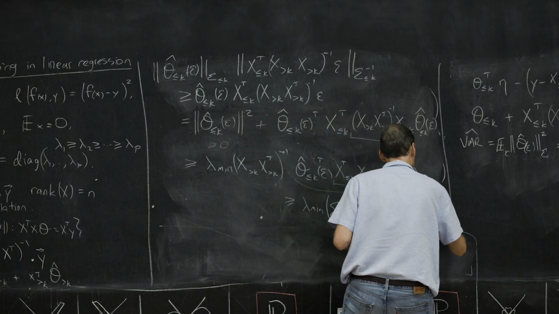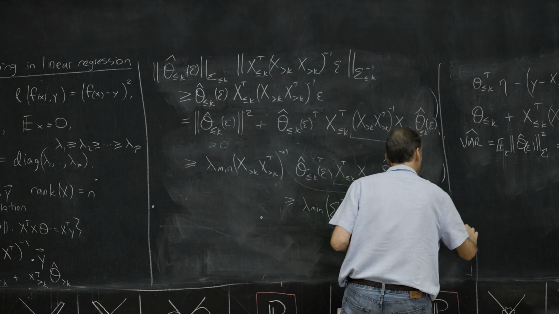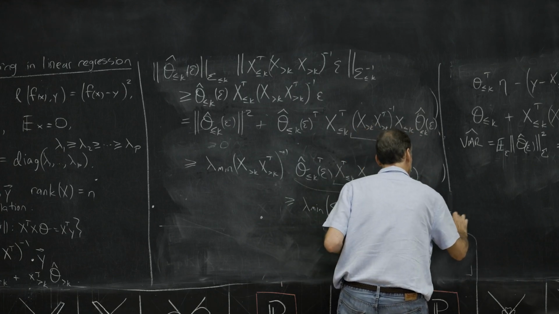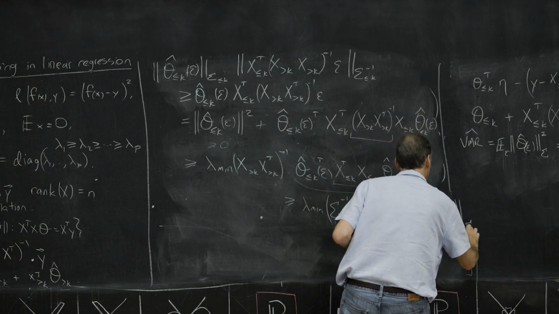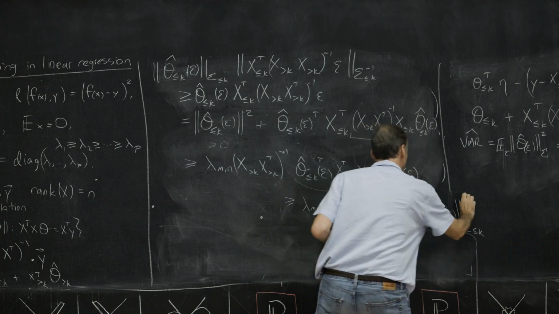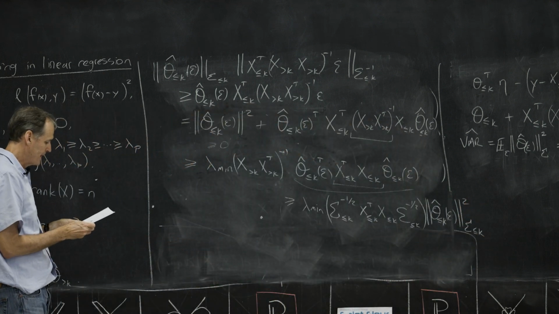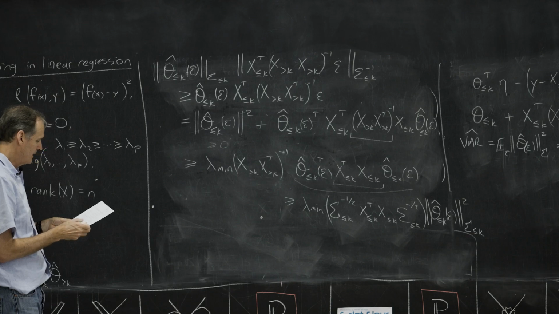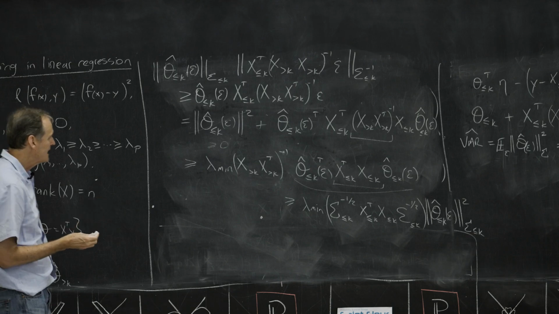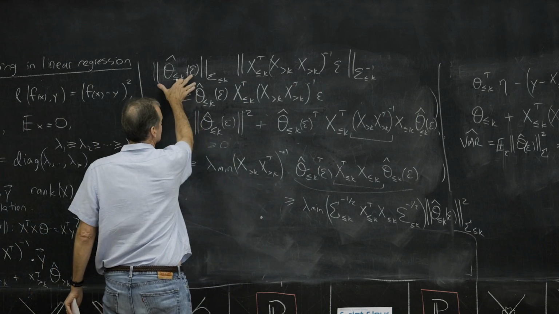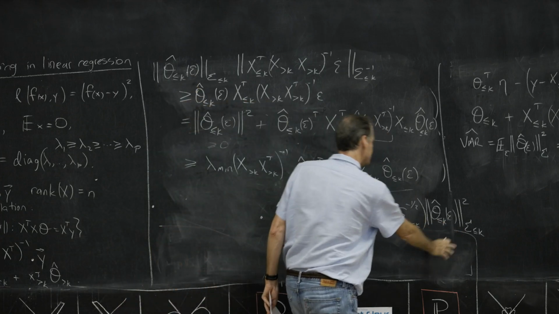Well, that's just this thing, epsilon, sigma less than or equal to k. Okay, so we've got this thing compared to that thing squared.